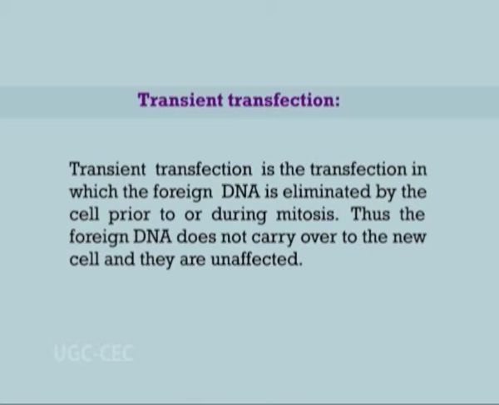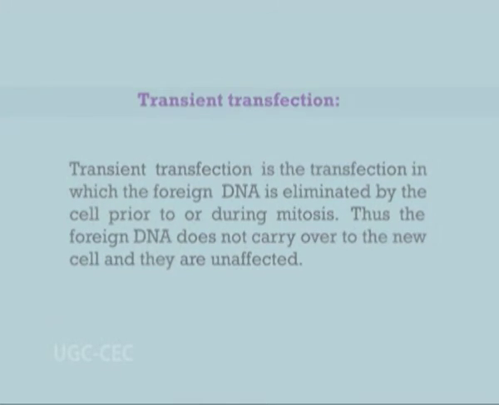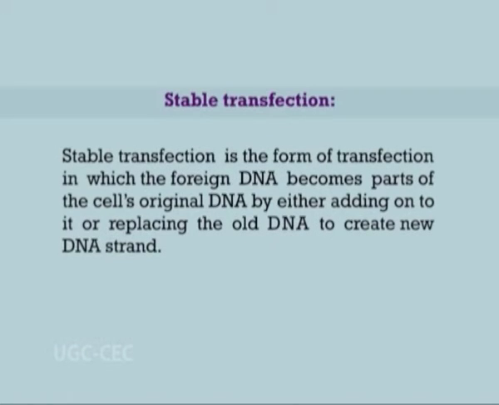Thus, the foreign DNA does not carry over to the new cell and they are unaffected. Whereas stable transfection is the form of transfection in which the foreign DNA becomes a part of the cell's original DNA by either adding onto it or replacing the old DNA to create a new DNA strand.